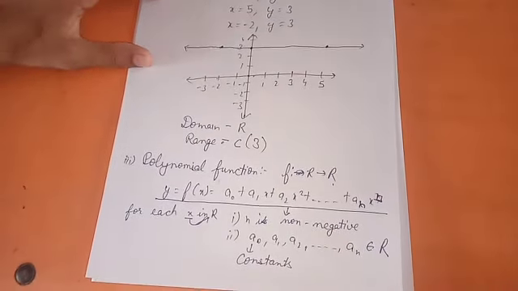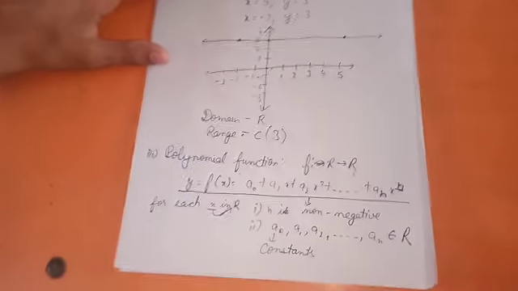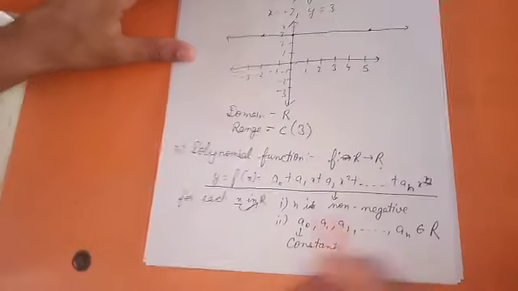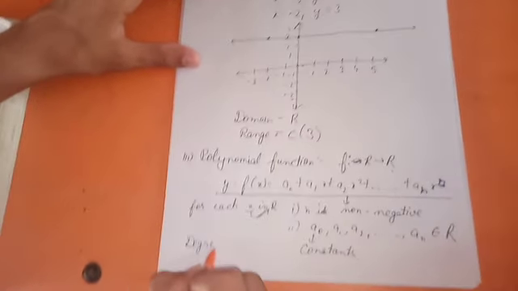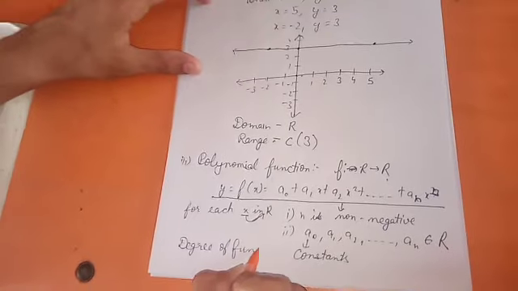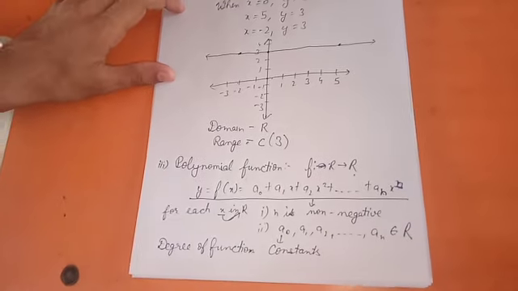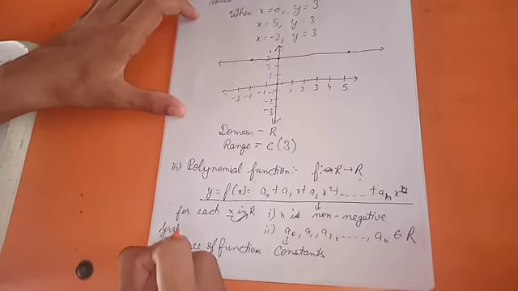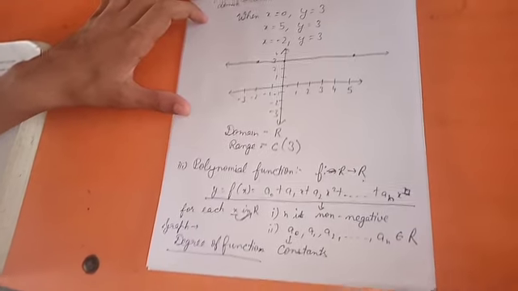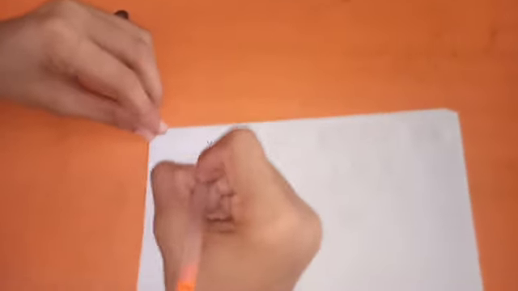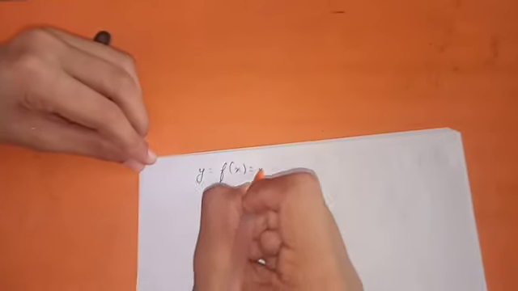Okay, this is a polynomial function, and the graph of polynomial function depends on degree of function. Okay, graph depends on degree of function. Now if we take example, that is given example number 13, y is equal to f of x is equal to x square.